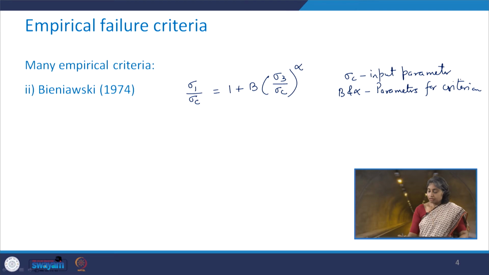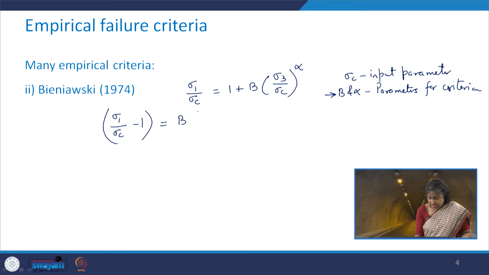So again, the job with us is to find out these parameters b and alpha. So we follow the same approach and try to play with the terms here in this particular manner. Let us say I can write this equation in this form, that is b (sigma 3 upon sigma c) to the power alpha.